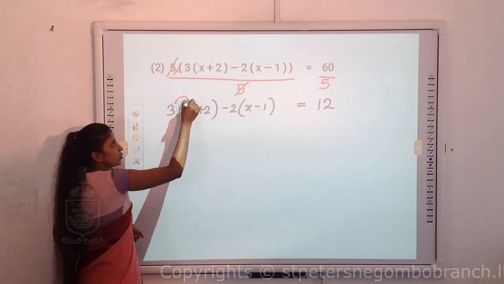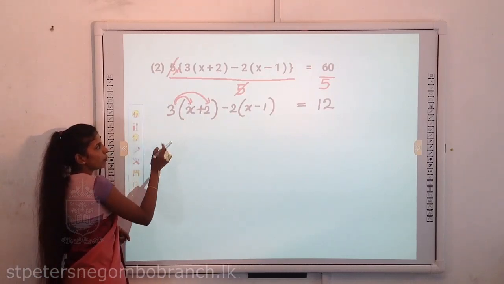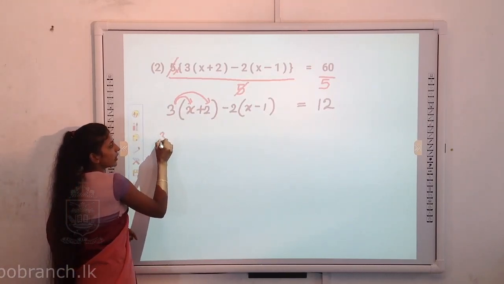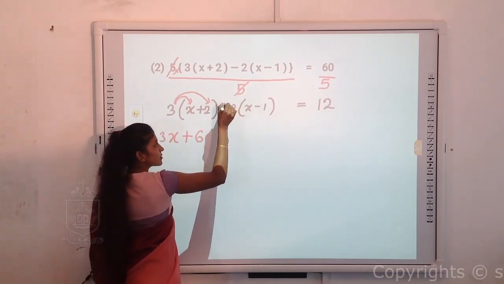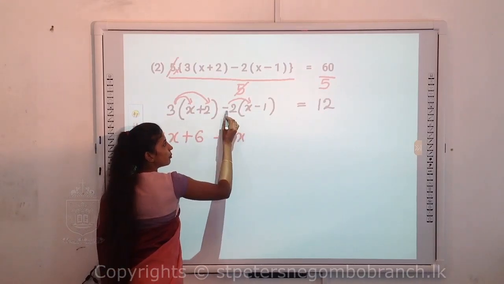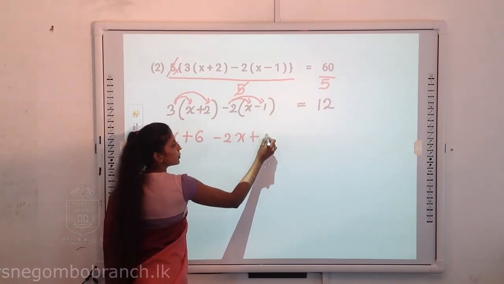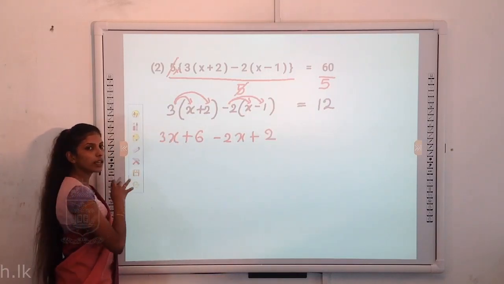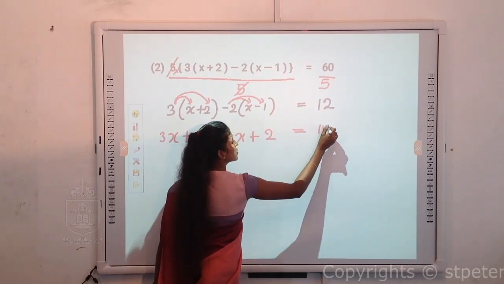Next step is to remove the bracket by multiplying by the outermost number. 3 into x, 3x. 3 times 2, 6. Next, minus 2 into x, minus 2x. Minus into minus, plus 2 times 1, 2. Likewise, you all have to remove the brackets. Okay, and here what is remaining? 12.